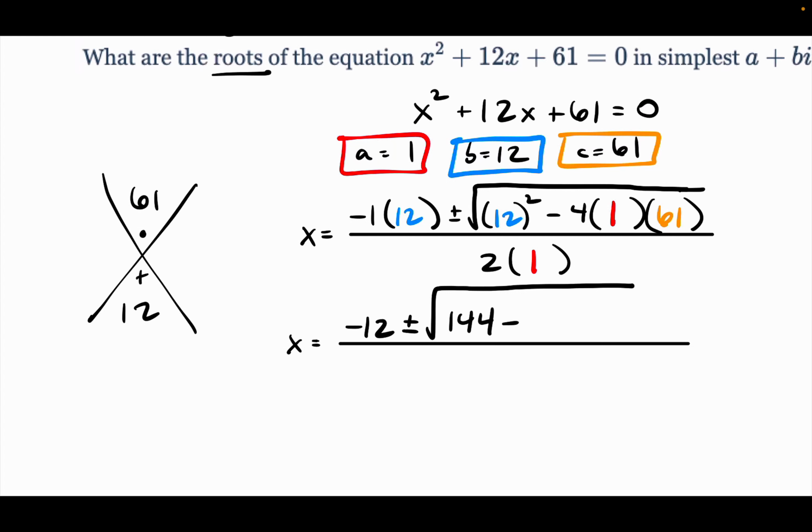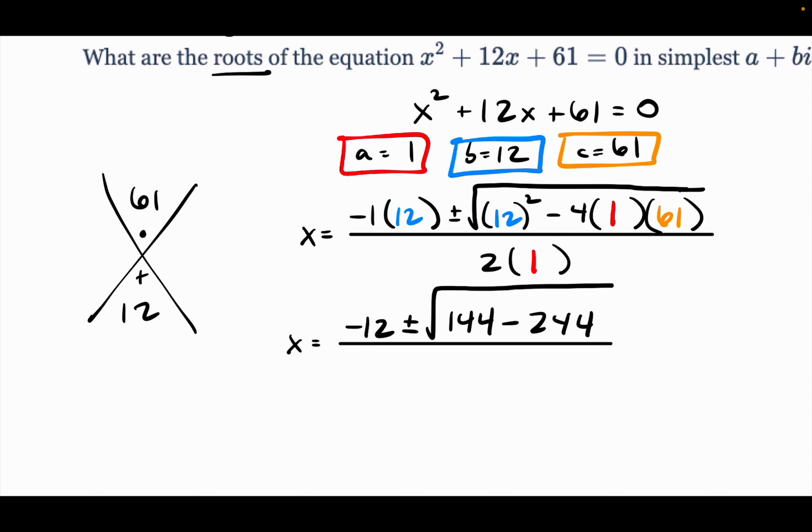Okay, so then you can think of this as a negative 4 or a minus sign, either one. Don't think of it as both. It's not a negative and a minus. It's one or the other. I usually consider it a minus and then just multiply. So 4 times 1 times 61. I think that's 244, I believe, if I can remember from last class.